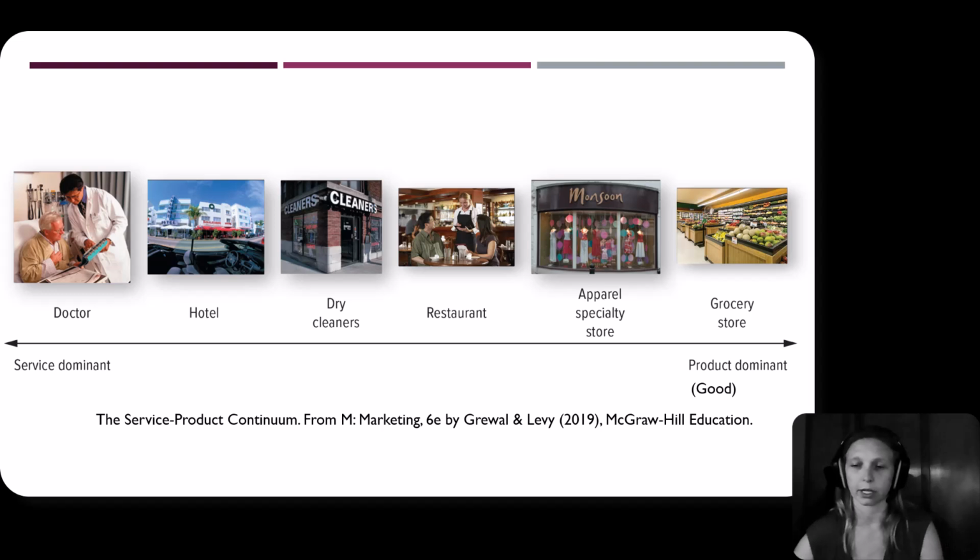But we have the very product dominant things over on this side, things that you can have and can see and feel and taste, into things that you can feel and buy and have, but come with a little bit more of a service component because maybe you have to try the clothes on or you need help finding the right thing, into something where part of it is service, part of it is the food that you're eating, some of it is about the experience, into more service related things. Okay, so just to give you some ideas of where things might land on that continuum.